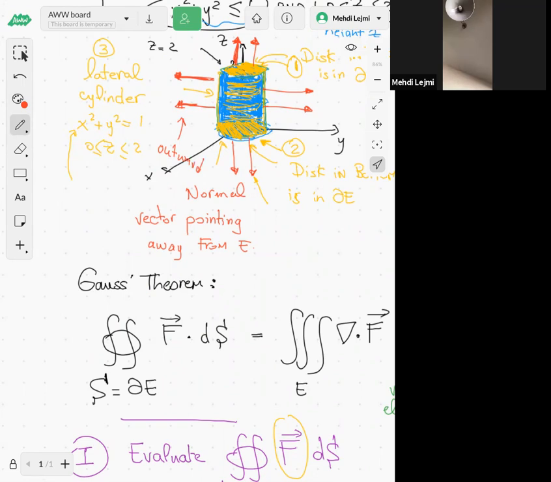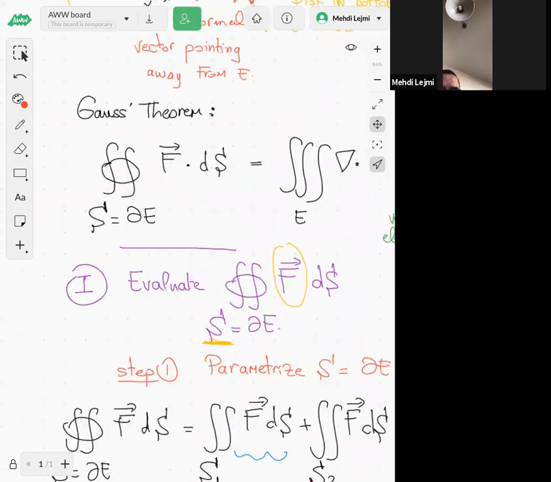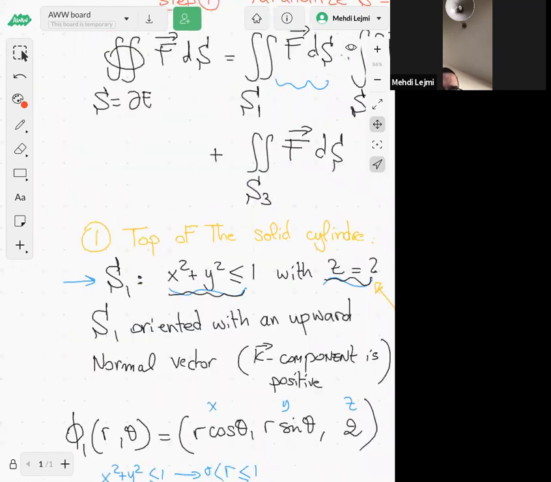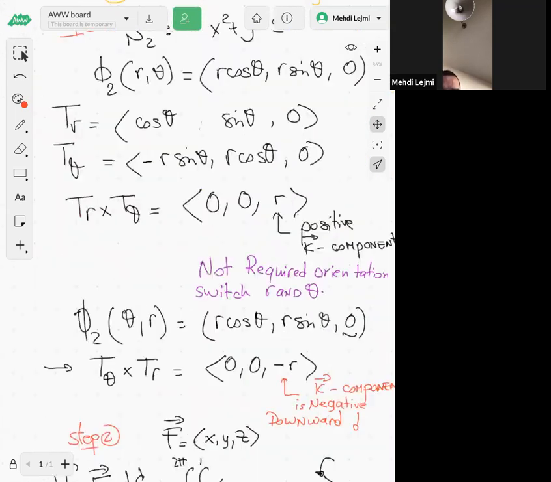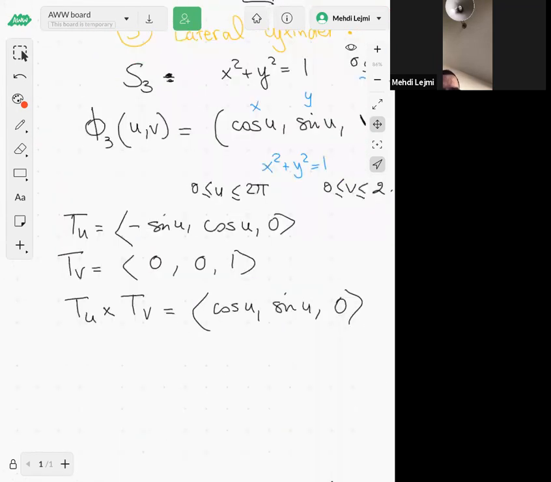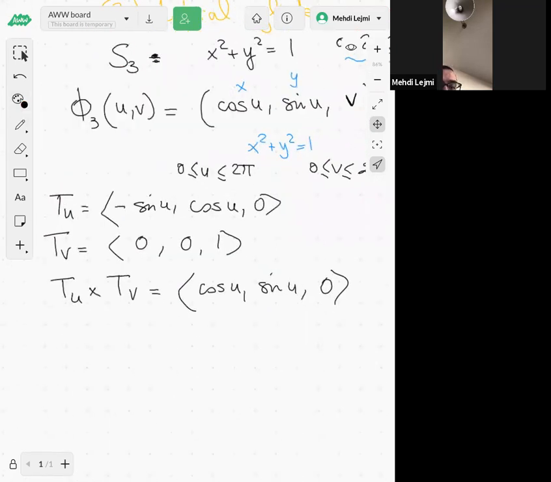So it's our outward pointing normal vector. We can take a point to check if this is outward or inward. Let's get back here. So let's take a very simple point. Let's say, for example, u is 0 and v is 0.